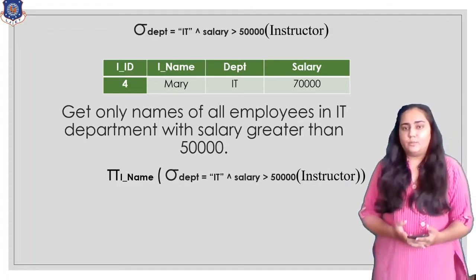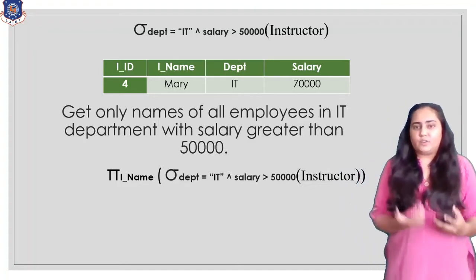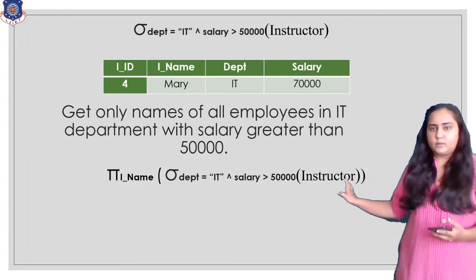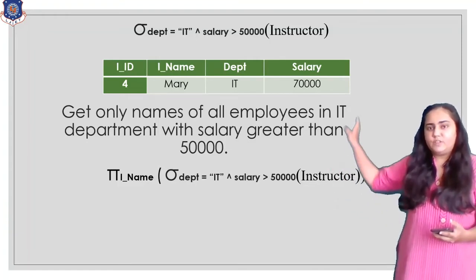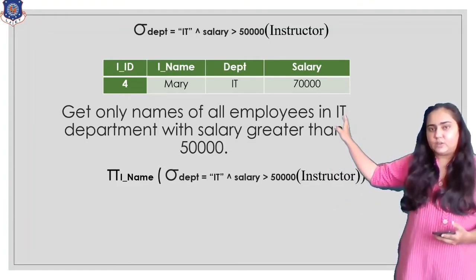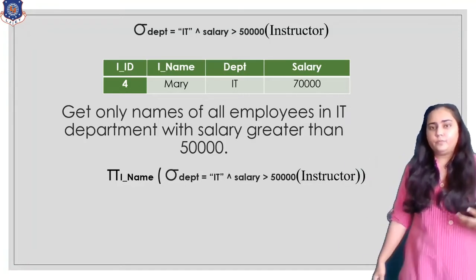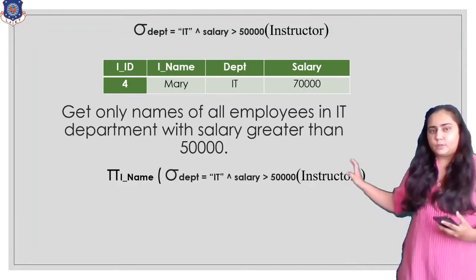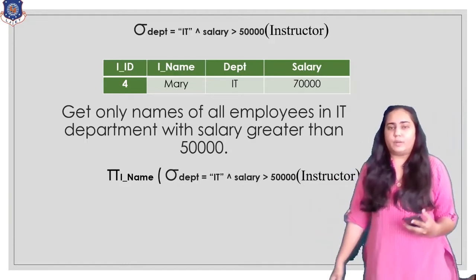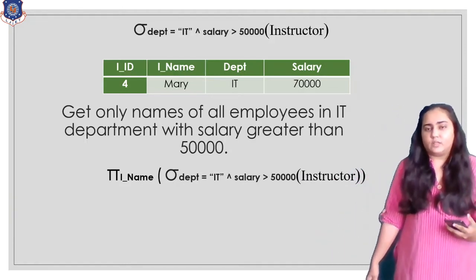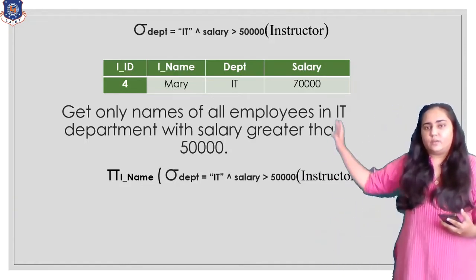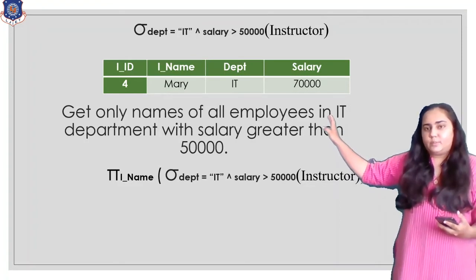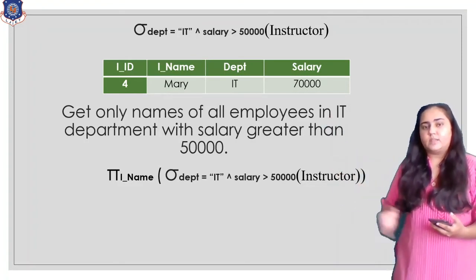These brackets help you to create a relation inside whatever is inside the bracket. So whatever you see here, this table that you see here, that table is actually the input for the pi operation. The pi is not actually working on instructor. It is working on this table right here that you are passing as an input.